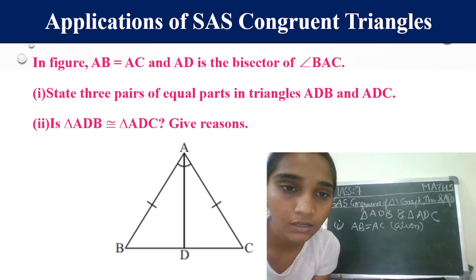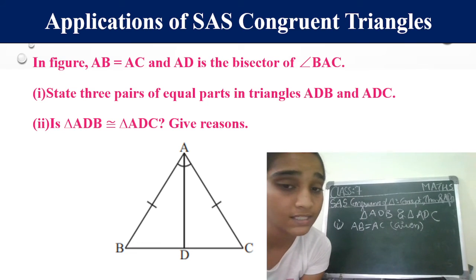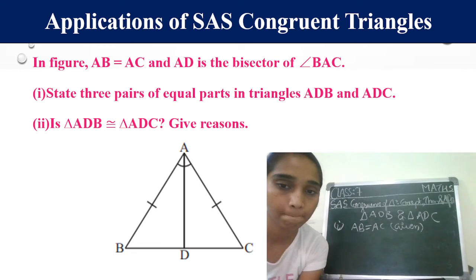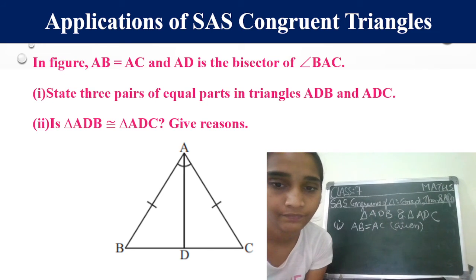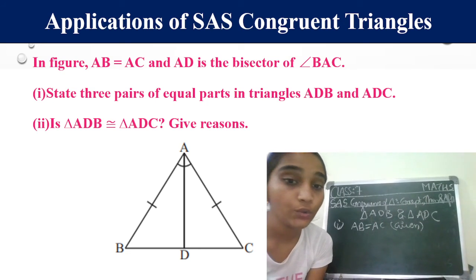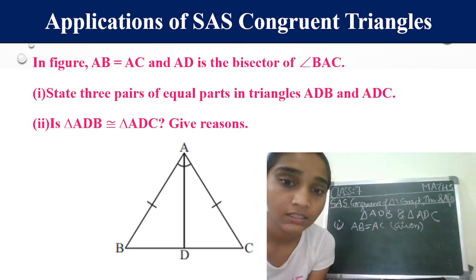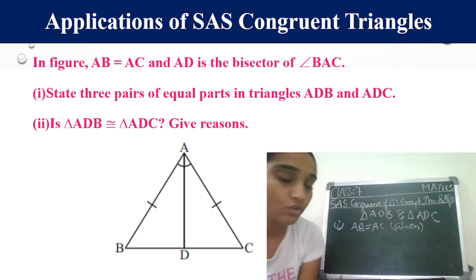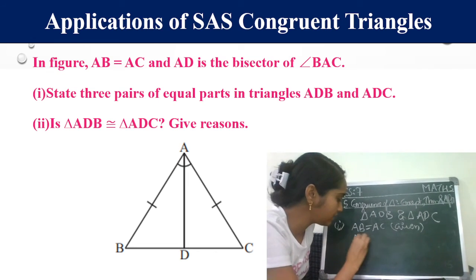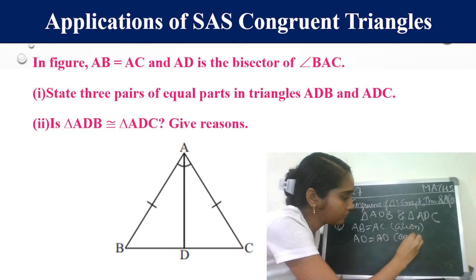And students, is there any other side which you can see equal in these two triangles, ADB and ADC? Very good. You are finding out that there is the bisector AD, which is common in both the triangles ADB and ADC. So we can write that AD is equal to AD, which is the common side.